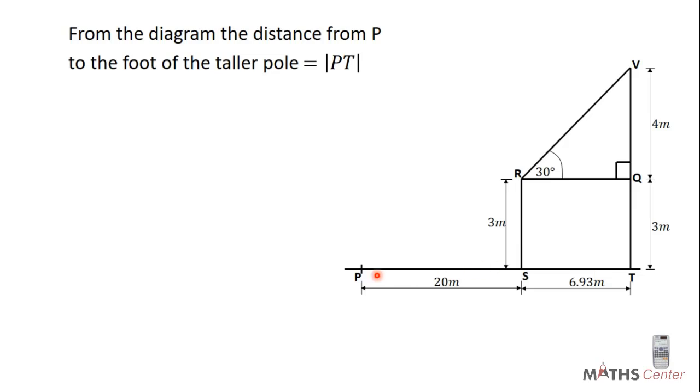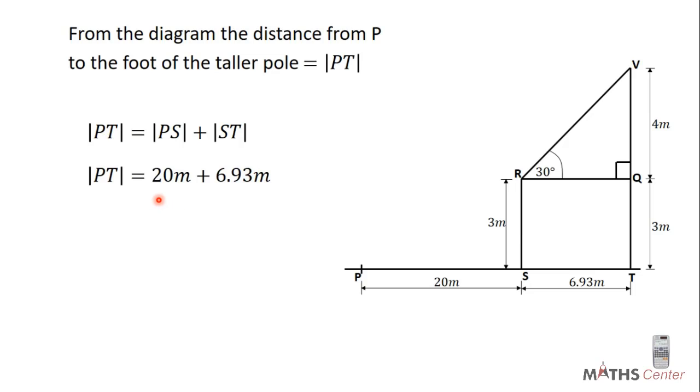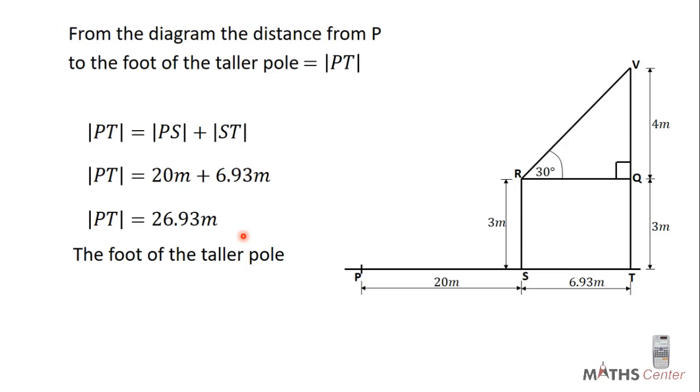From the diagram, PT is equal to PS plus ST, which is 20 meters plus 6.93 meters, giving us 26.93 meters. So the foot of the taller pole is 26.93 meters away from P.